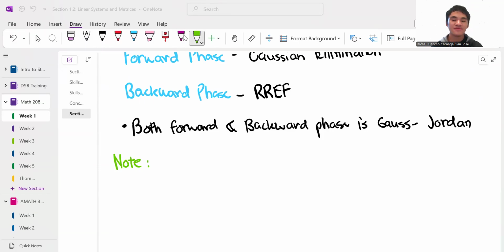In fact, we can have a lot of possibilities of echelon form matrices, but for reduced echelon form matrices, that's not true, right?